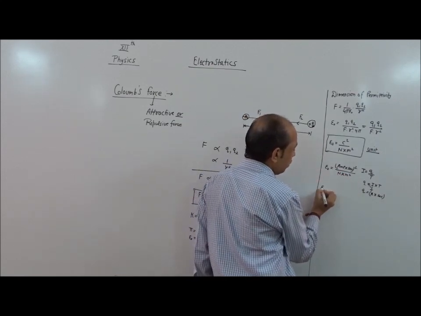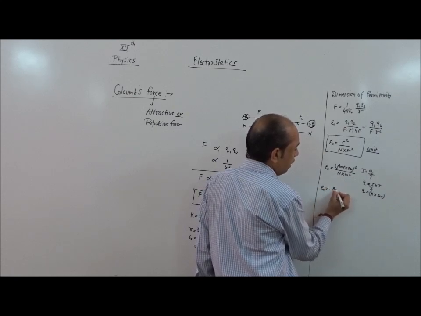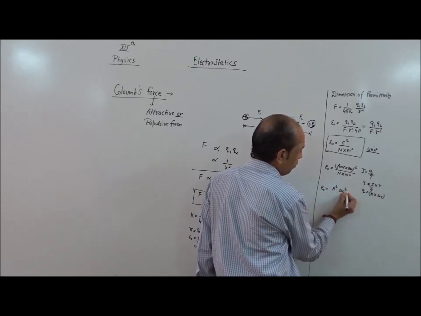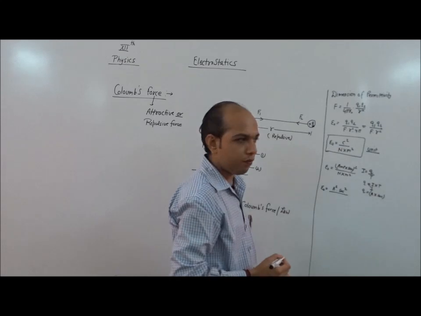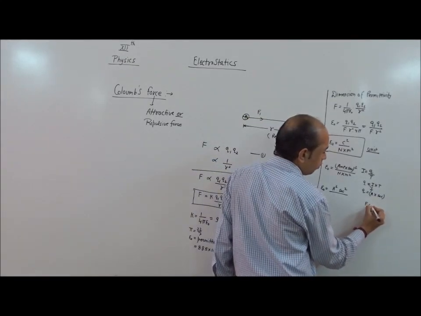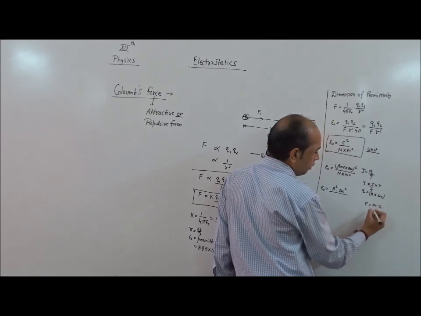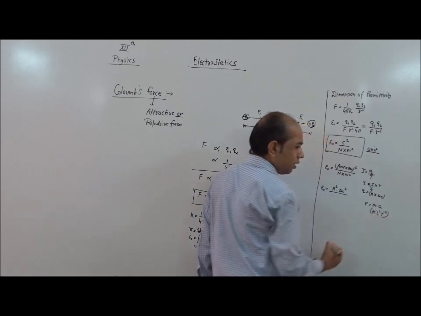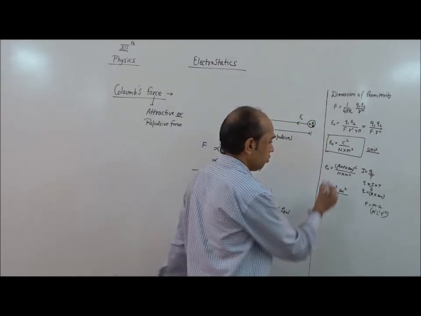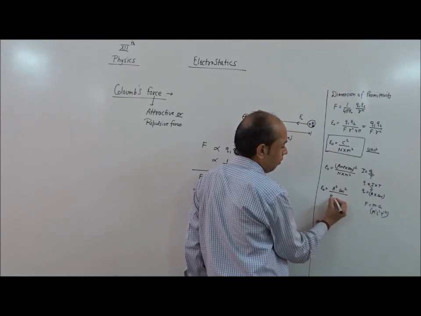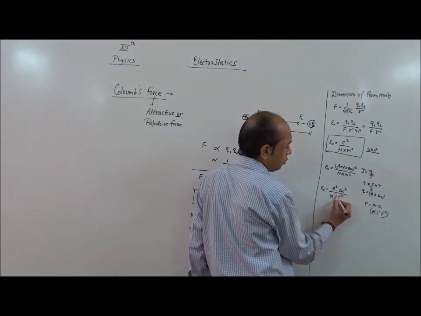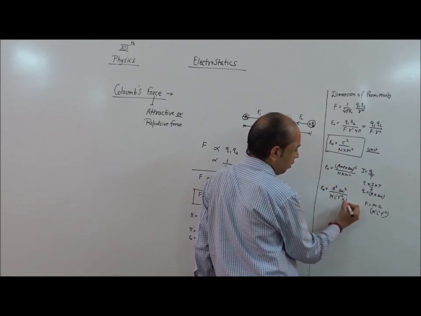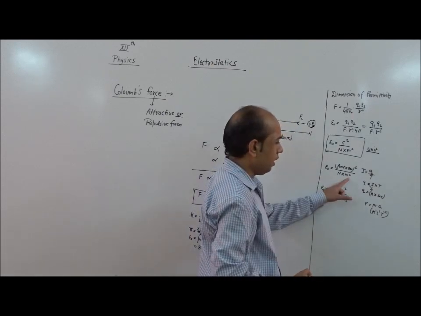Now we replace all the values. Epsilon naught: ampere is replaced by A with power 2, second with power 2. Newton is the unit of force, and force is equal to mass into acceleration. So mass is M1 and acceleration is L1 T minus 2. So this is the dimension of force, that is Newton. So Newton is replaced by M1 L1 T minus 2, with meter square, which is length square.